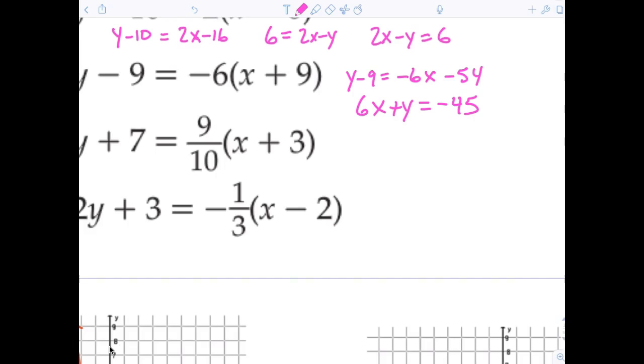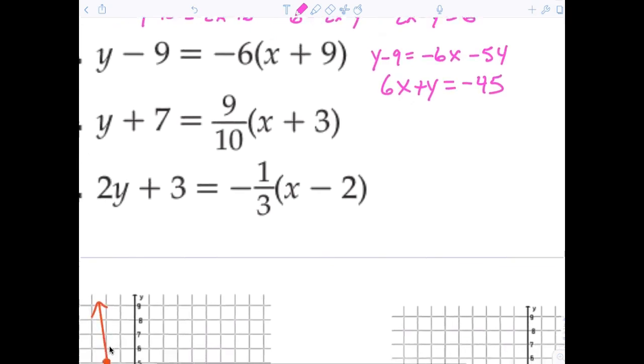Now, your little technicality: x has to go first, right? So you just say 6x plus y equals negative 45. Why? Because that's the rule. X goes first. Why does x have to be positive? I don't know why. The book says x is positive.